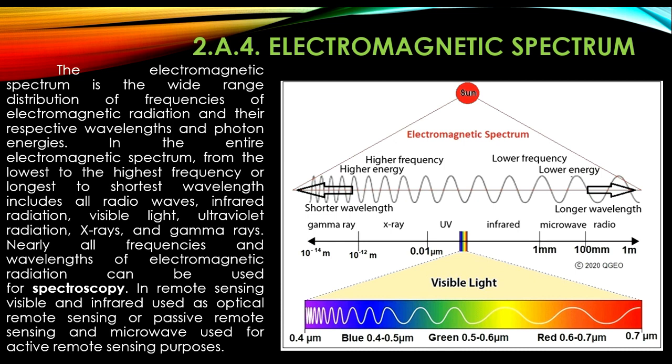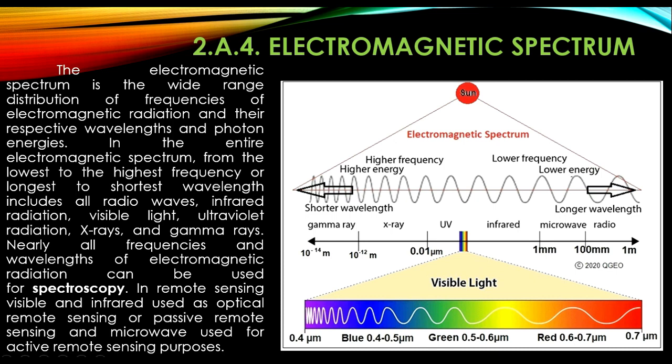Nearly all frequencies and wavelengths of electromagnetic radiation can be used for spectroscopy. In remote sensing, visible and infrared are used as optical remote sensing or passive remote sensing, and microwave is used for active remote sensing purposes.